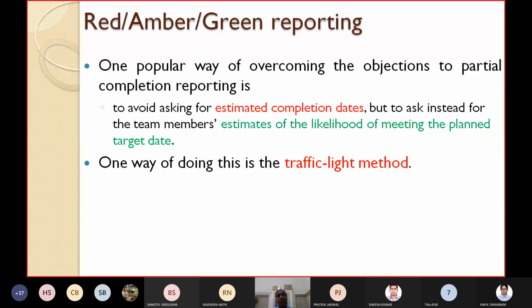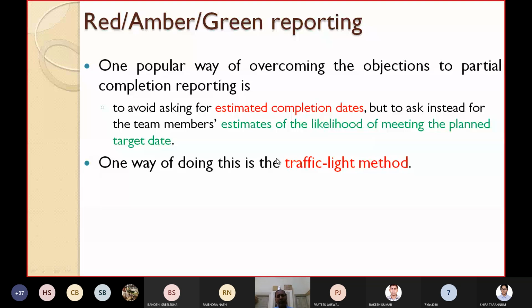One popular way of overcoming some of the objections to partial completion reporting is to avoid asking for the estimated completion dates, but to ask instead for the team members' estimates of the likelihood of meeting the planned target date, or the probability of meeting it.